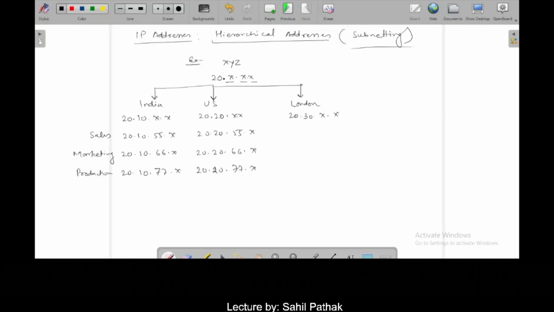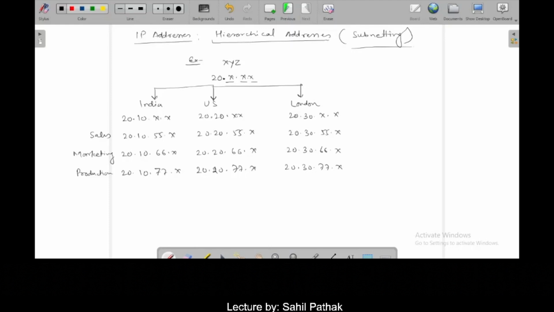Similarly, in the London office, 20.30.55.x for the sales department, 20.30.66.x for the marketing department, and 20.30.77.x for the production department of the London office.